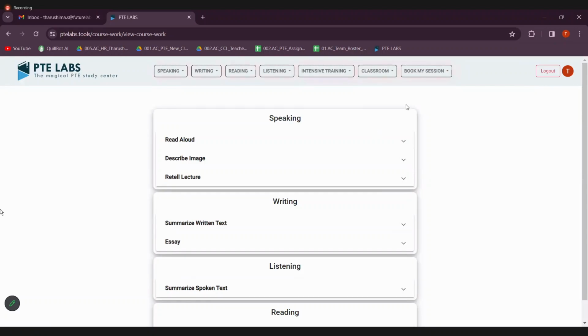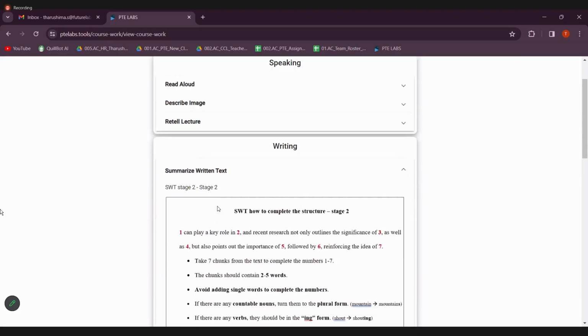Okay, all right. So now I will tell you the requirements for the next stage. In this skill as well as the writing stage one, you don't have any assignments. In this stage, you don't have any assignments, but you have two requirements. What you have to do is first one, SWT structure.